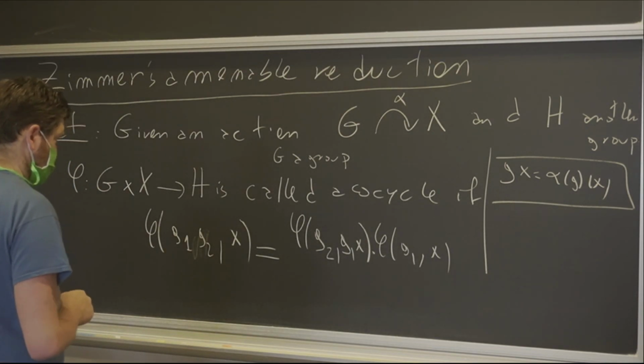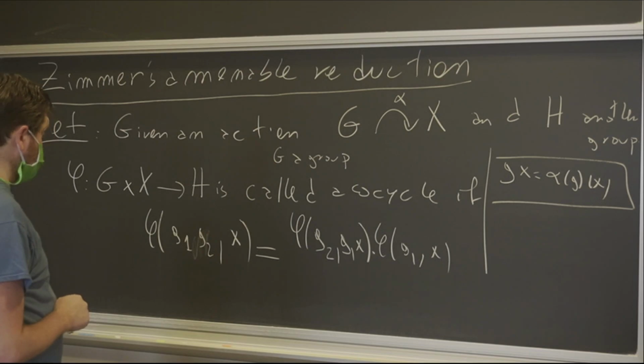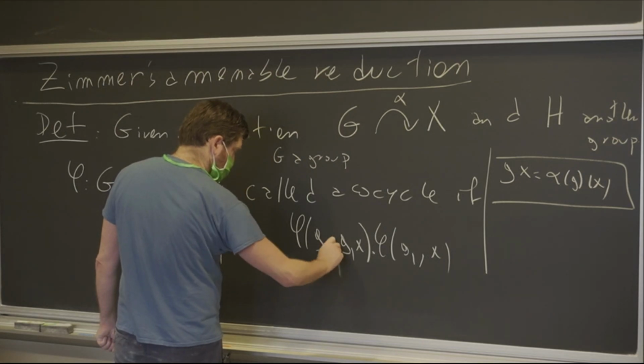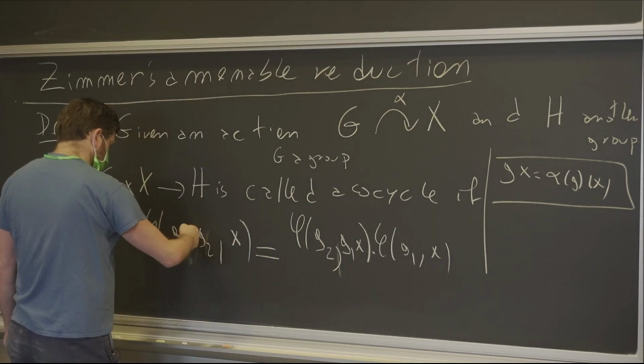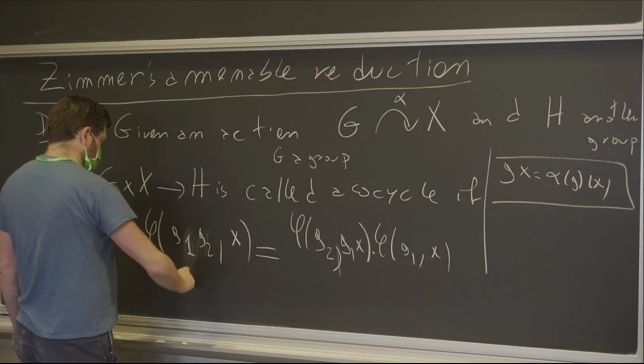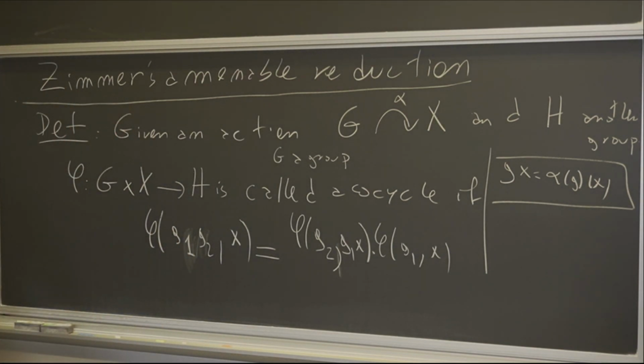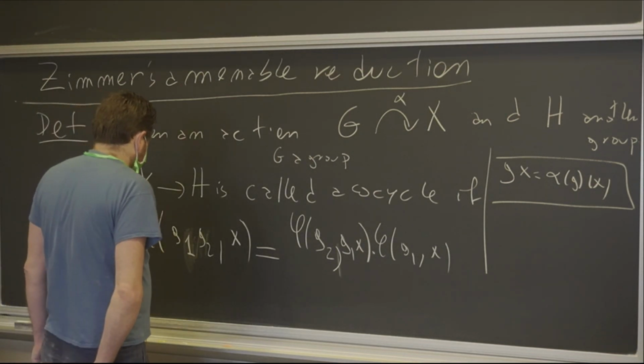Yes, because I wrote G2. Actually, wait a second. Yeah, I agree, but I also want to agree with my brain. So whether I want this to be G1, G2 or G2, G1. Zimmer does it for right action.